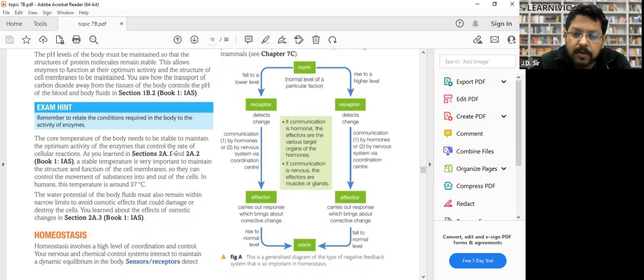It works as a buffer solution, and it is responsible for maintaining the pH of the blood slightly basic. Right?